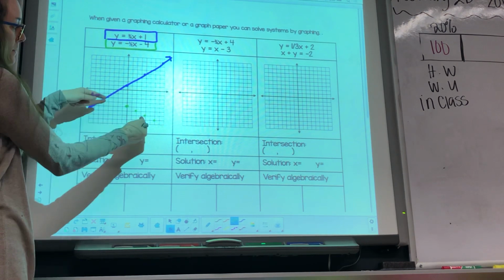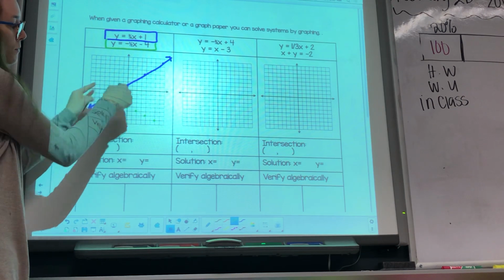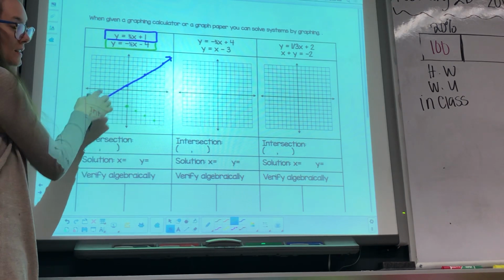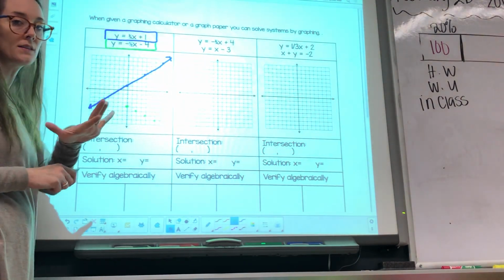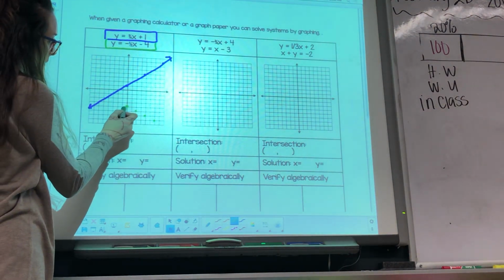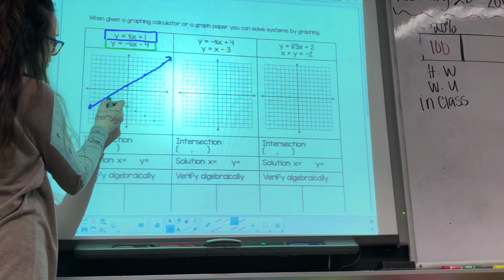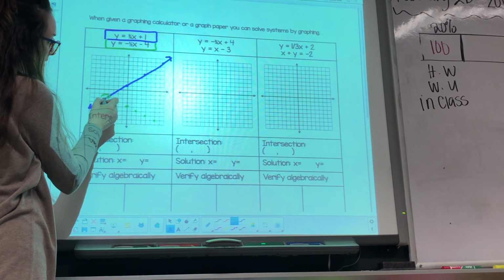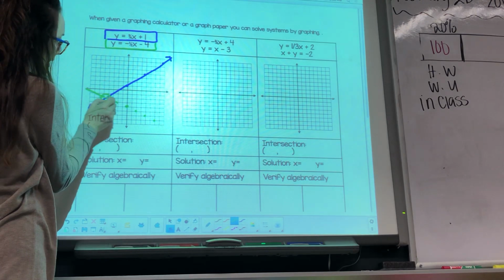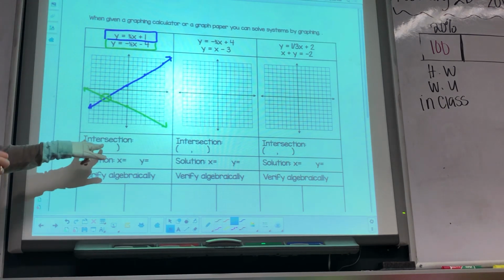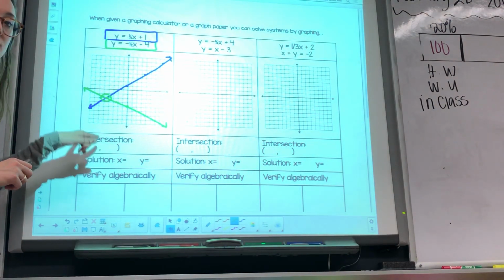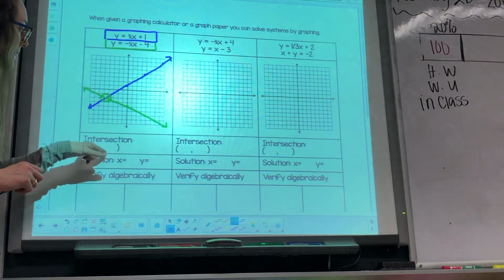Now, I'm noticing that my line is gonna cross somewhere over here, so I'm gonna go backwards with this line so I can see precisely where this is crossing this line. So I'm gonna go back to up 1, back to up 1, and I'm noticing it's that point right there that this line is gonna cross. So that intersection, I need to give somebody directions on how to get to that intersection.